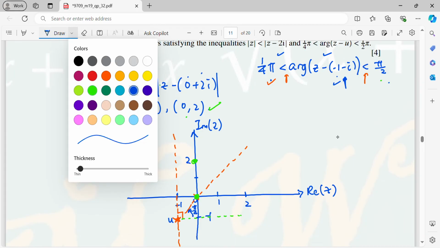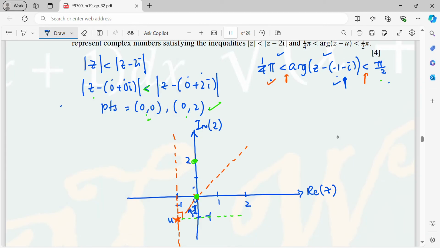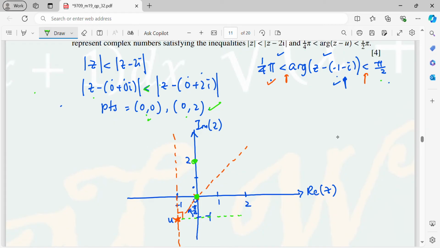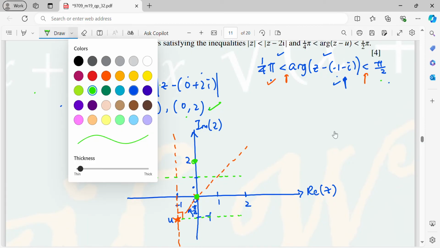So let's say I take here as the z. So obviously the distance from this, right? When it is equal sign, that means it will be here, right? This is equal sign, but then it is less. So it means that now you have to check where is your point.